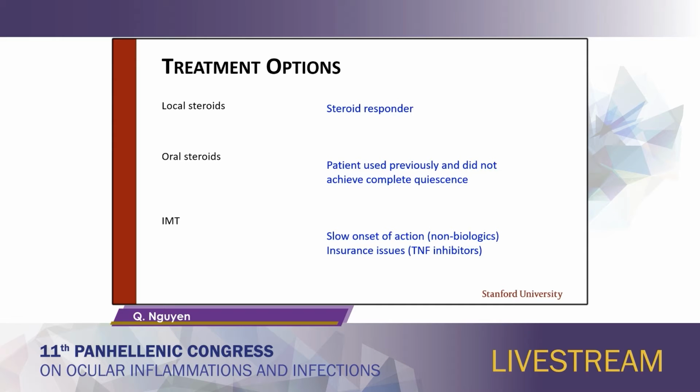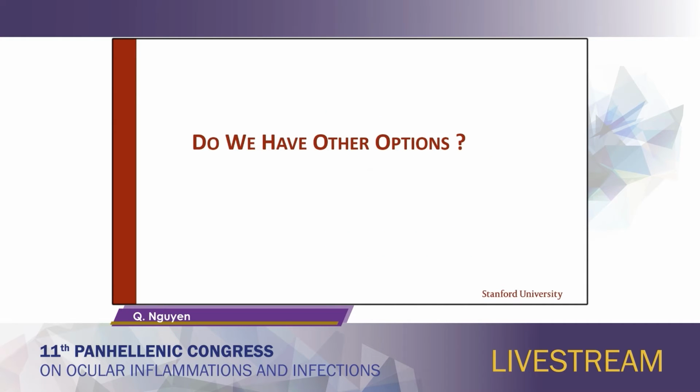However, there was difficulty with the insurance approving her to receive such treatment, despite the fact that one of the TNF inhibitors, adalimumab, has been approved for the treatment of uveitis. Thus, do we have any other options?